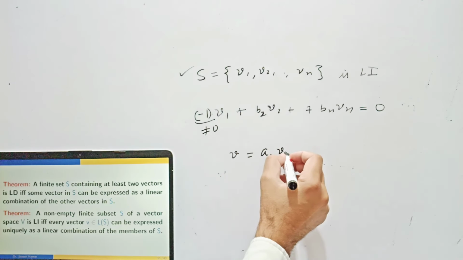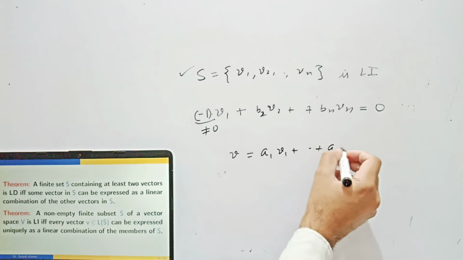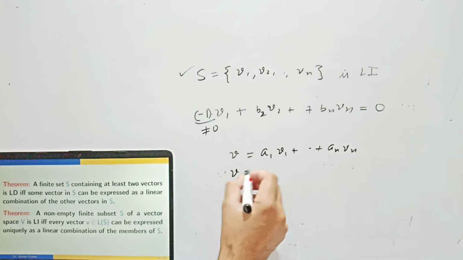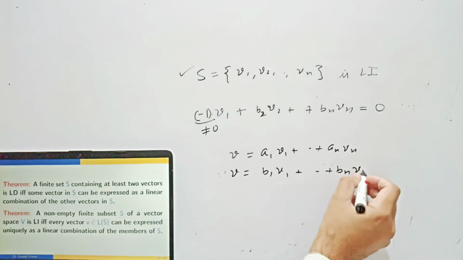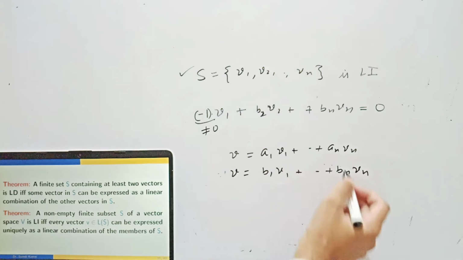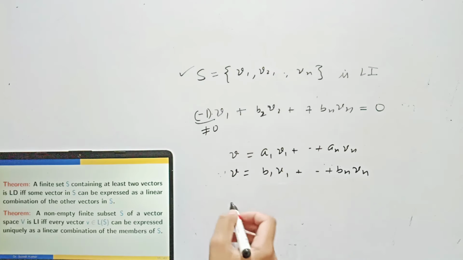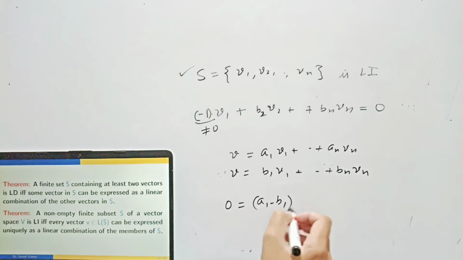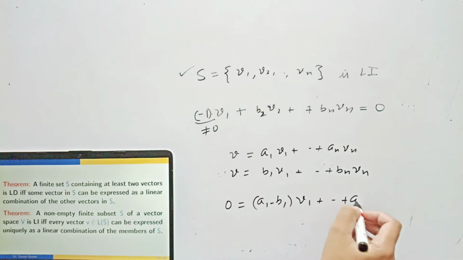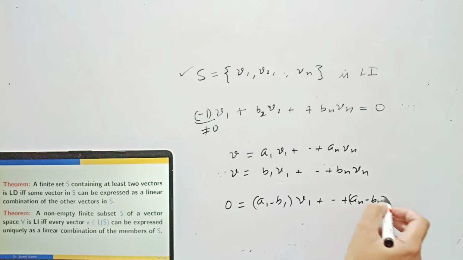Say you have two combinations, a1 v1 to an vn, and another combination is b1 v1 to bn vn. Uniquely means these scalars cannot be different. I have written two different combinations. What do I get if I subtract the two? 0 equals (a1 minus b1) v1 plus and so on, (an minus bn) vn.